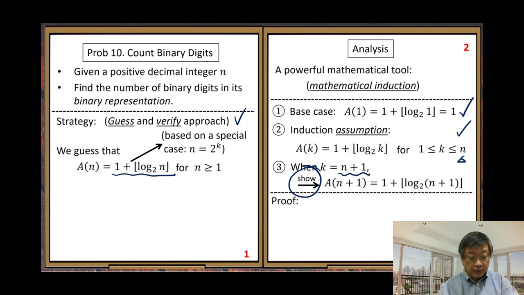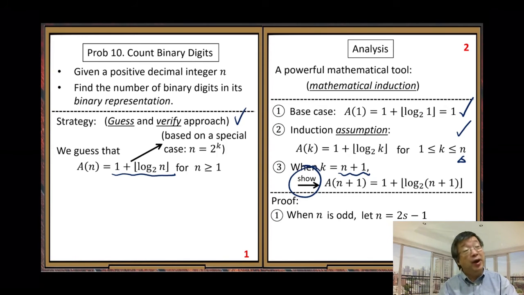Proof: we consider 2 cases, n is odd and n is even. First, when n is odd, we write n equals 2s minus 1. We know for an odd number, we can use 2s plus 1 or minus 1. Here we feel minus 1 is a little better than plus 1. Why?